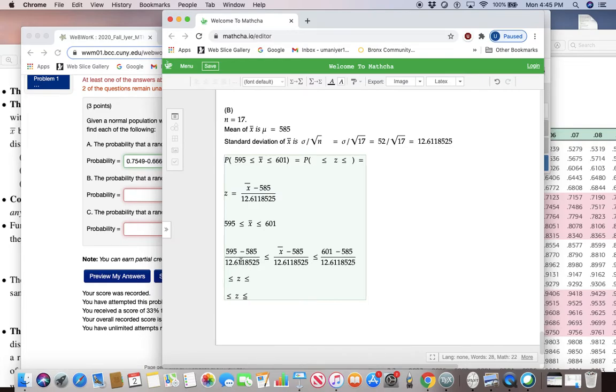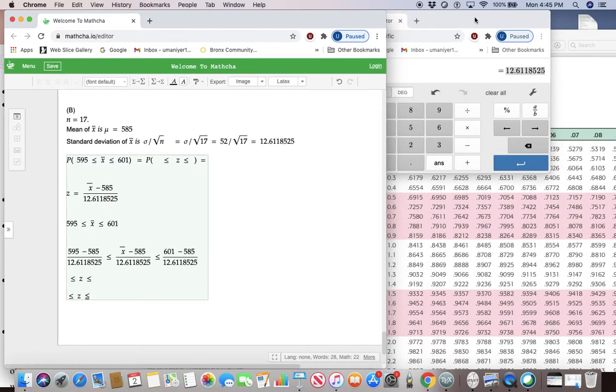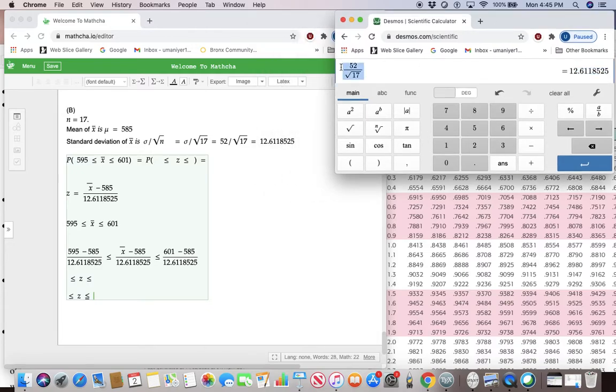Okay, so let's figure out this number. The first one is 595 minus 585 over 12.6118525. That's the left hand number.